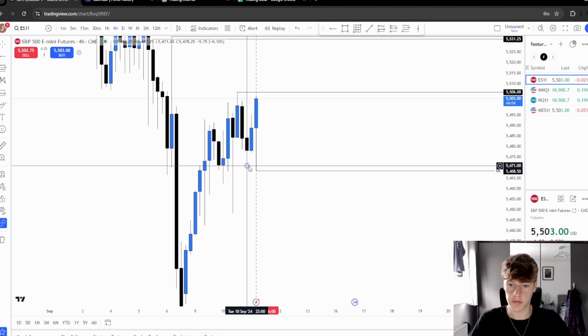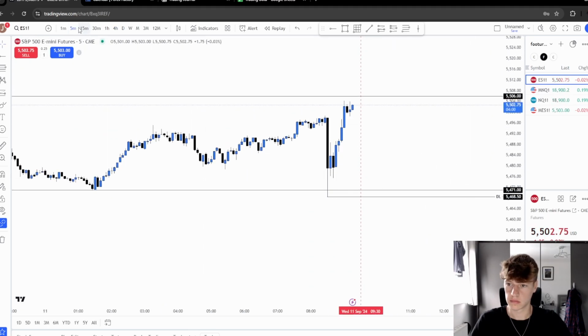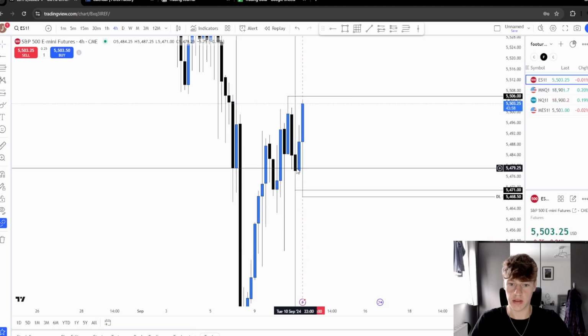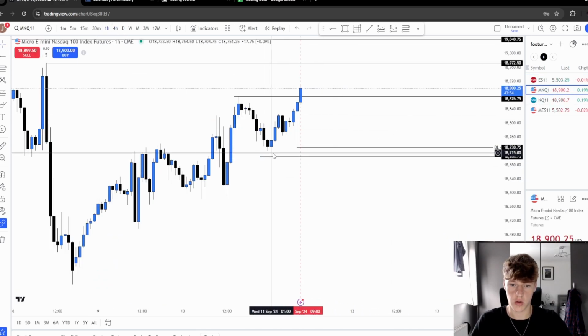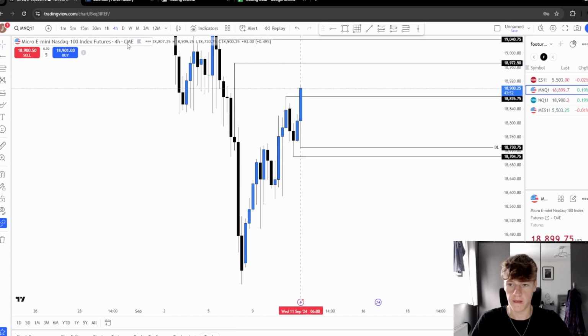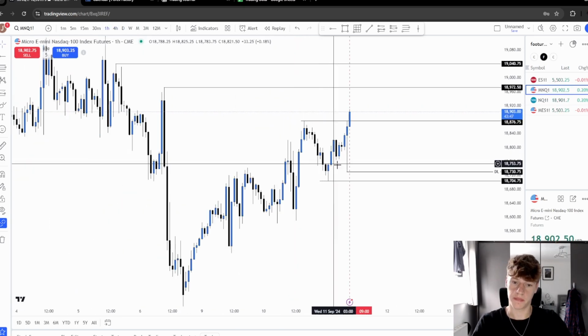CPI swept out these 4 hour lows, which is something to keep in mind. ES swept out these 4 hour lows, and NQ did not sweep out these 4 hour lows, but it did take out these hourly lows though.